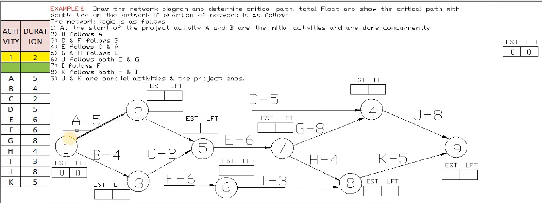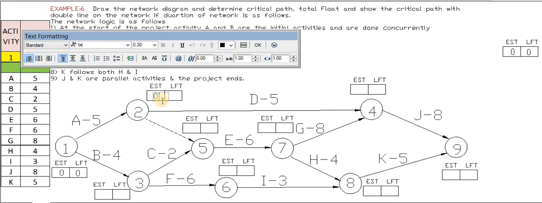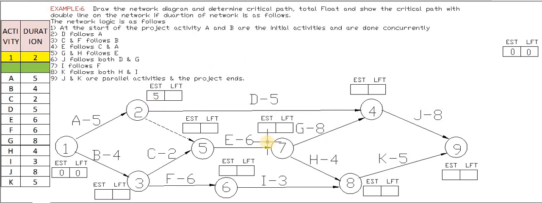Only one arrow, from 1 to 2, so we add the duration 5. So 5 plus the previous EST of 0 is 5. We will copy this and change it to 5. So this 5 is calculated.